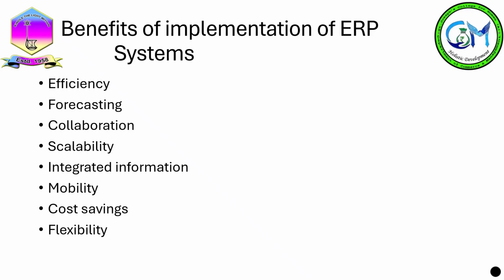Another important benefit is scalability. Structured ERP systems allow the addition of new users and functions to grow the primarily implemented solution over time. When a business is ready to grow or needs more resources, enterprise resource planning software facilitates that growth.